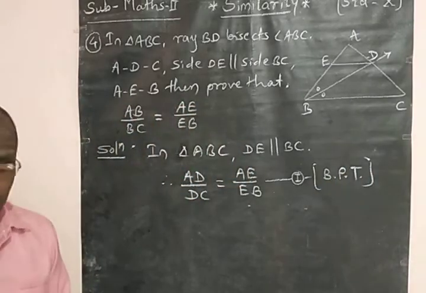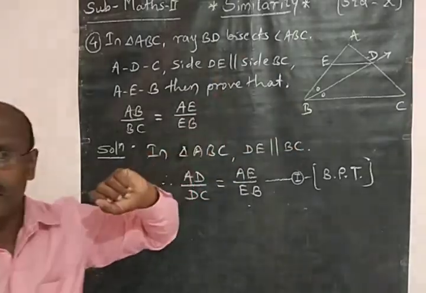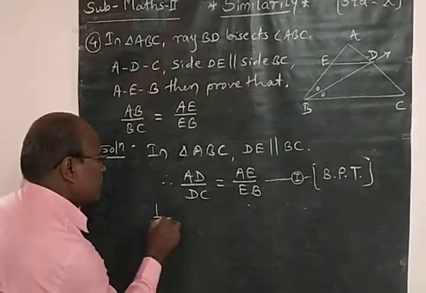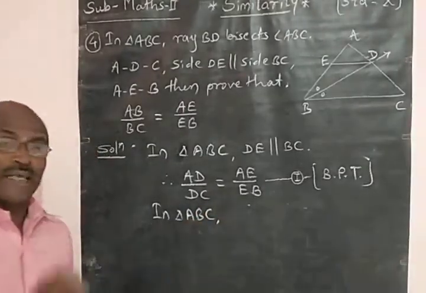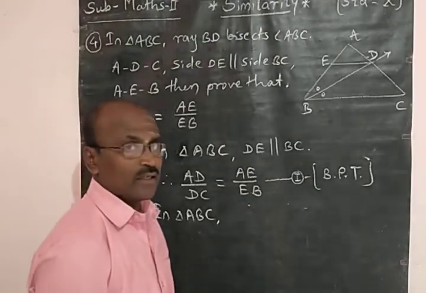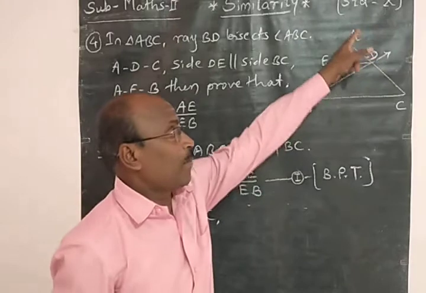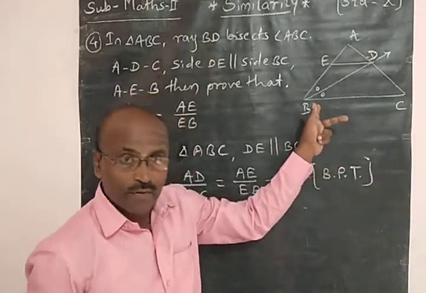Again you can use here the second property, the property of angle bisector of a triangle. So in triangle ABC, which ray is the bisector of the angle? The ray BD is a bisector of angle ABC, means angle B, it is given.